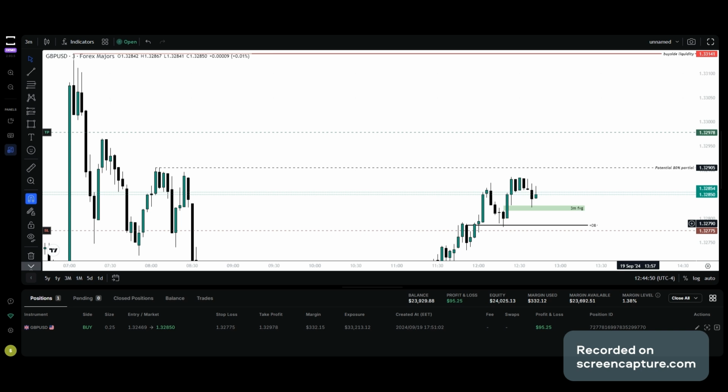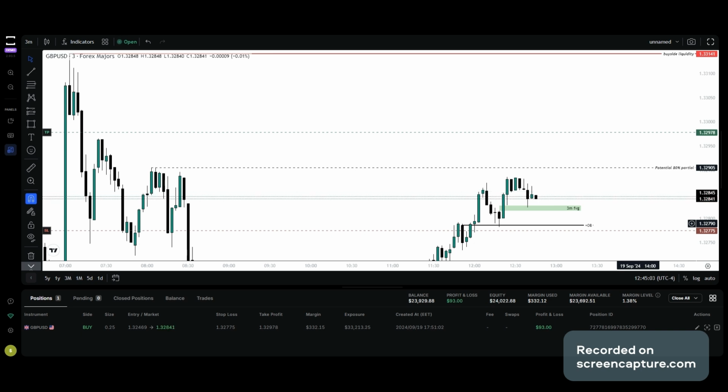Either way, I'm comfortable because I know I'm going to end the day in profit. It's just the amount of profit I'm looking at, because I really want a 1 to 2 risk to reward. I don't want to have to take a partial, and I don't want to get stopped out in profit. But a win is a win, right? A green day is a green day.